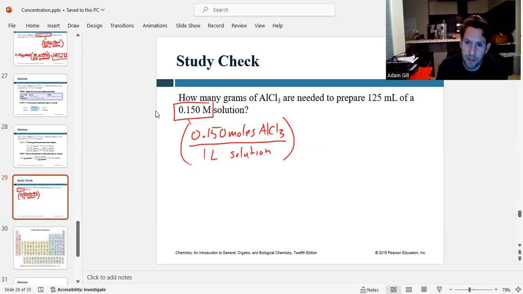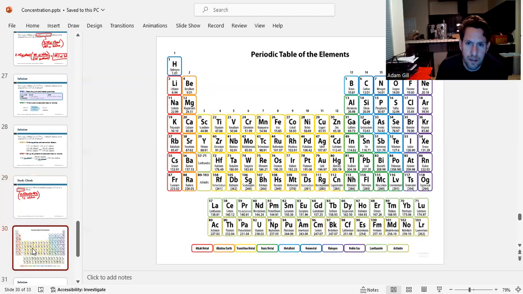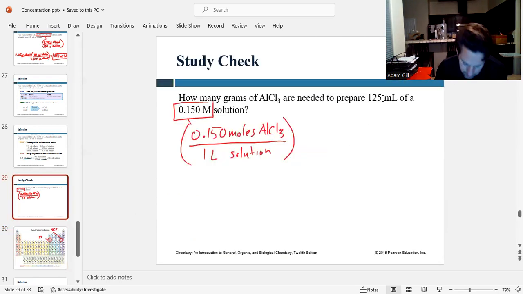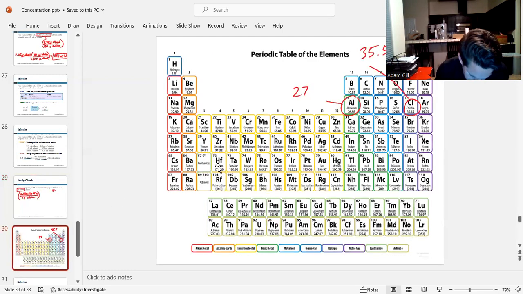So let's go back to the periodic table. So we see that aluminum has a mass of about 27 and chlorine is about 35.5. I'm just rounding to make this quick. So aluminum, we said was 27.